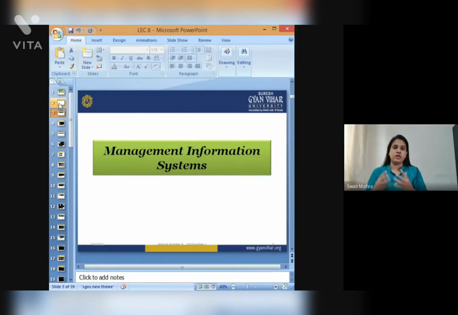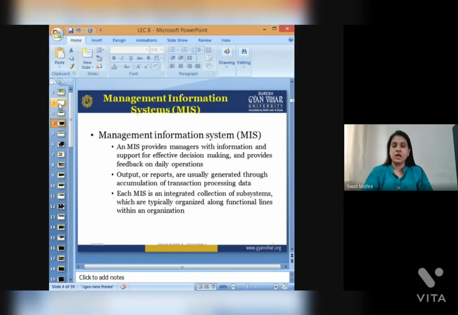But before we actually discuss the marketing information system, it is very important for us to highlight and understand in brief what exactly we mean by management information systems. These management information systems currently play a huge and very important role as far as key decision making and strategy formulation in any organization is concerned.